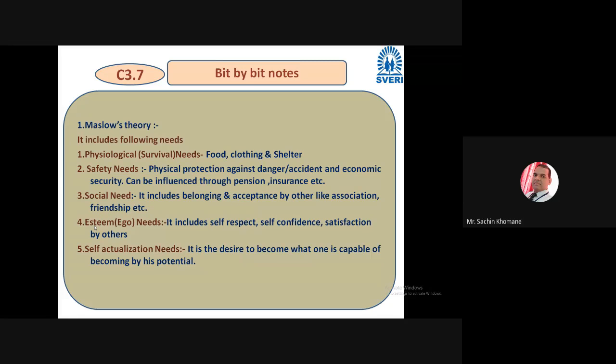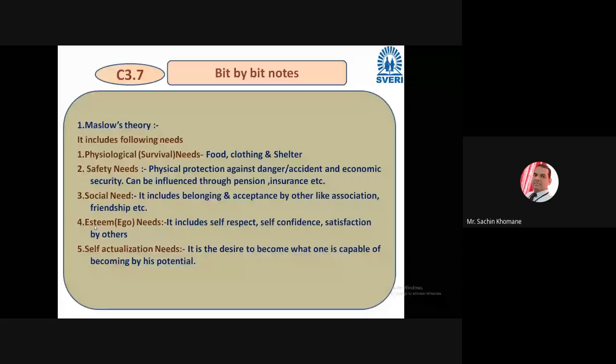Like I am having need. First need, I need survival things. Physiological needs I have. Food, clothing, shelter of me and my family. Then safety needs. What are the safety needs? Physical protection against the danger, accident, and economic security can be influenced through the pension, insurance, etc.